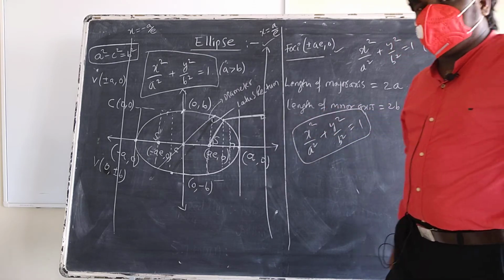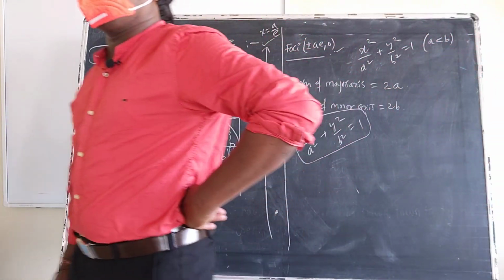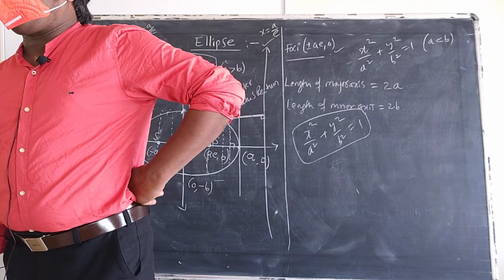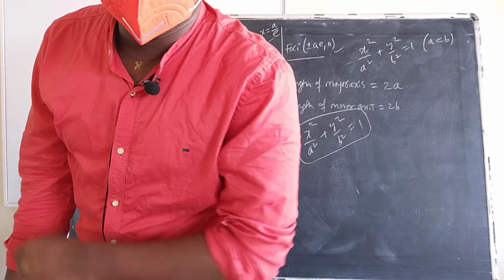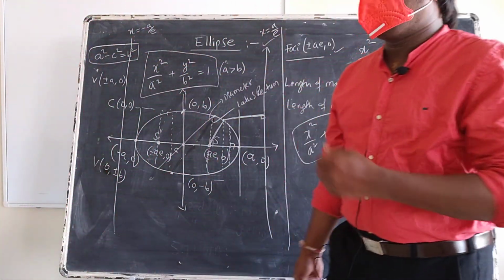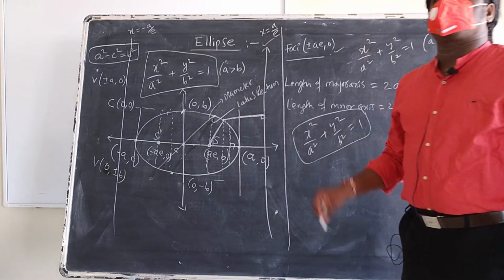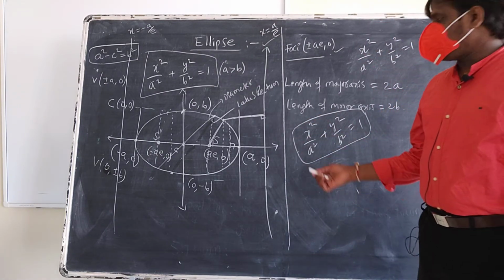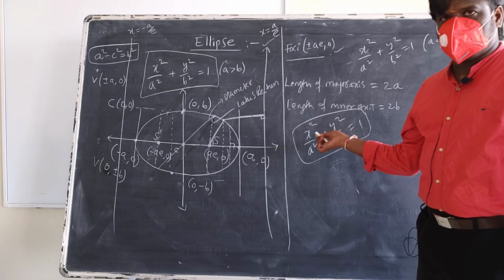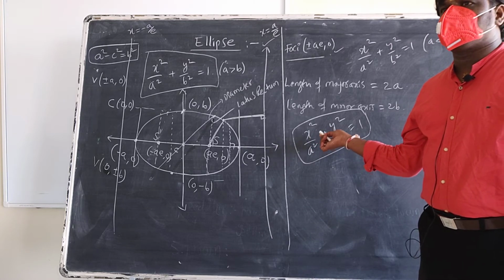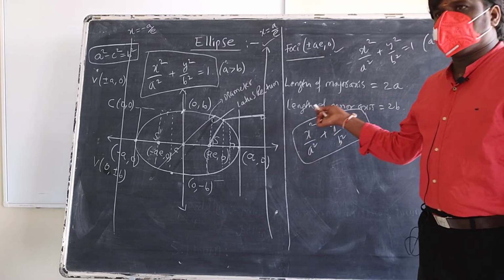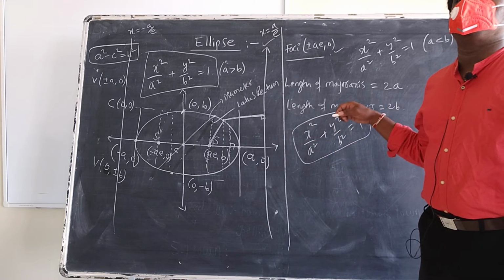So when can we say a curve is symmetric? If I substitute minus x in the place of x, then the equation is not changed.